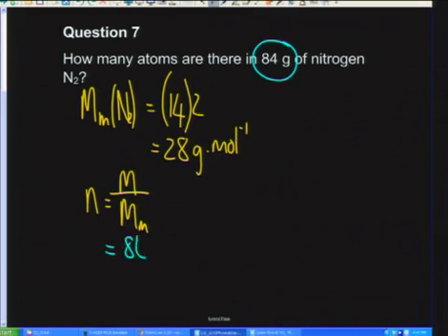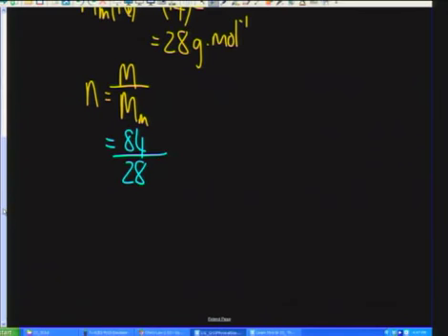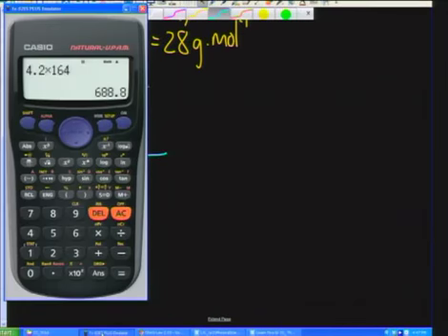So 84 grams divided by 28 grams. And we need to check we've got it. It's going to be 84 grams in my sample divided by 28 grams in every mole of that sample is equal to 3 moles.